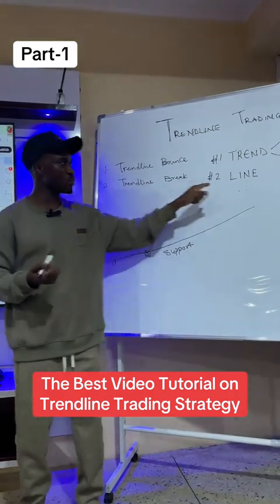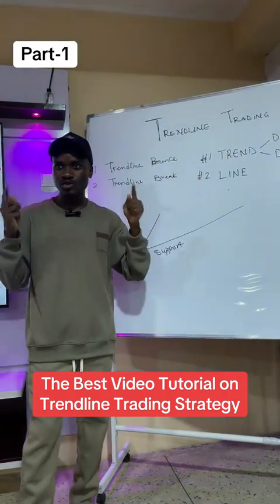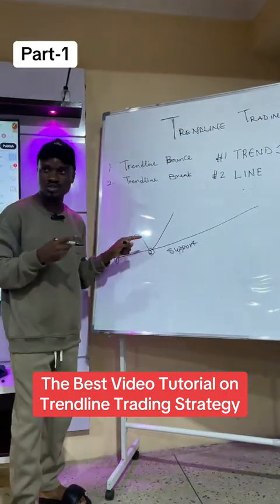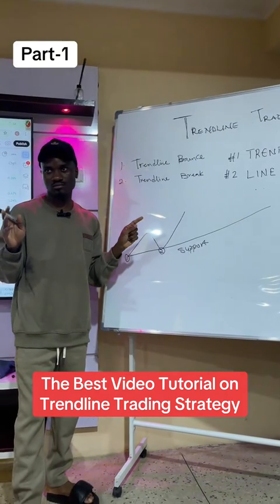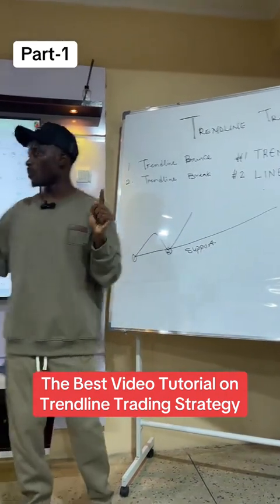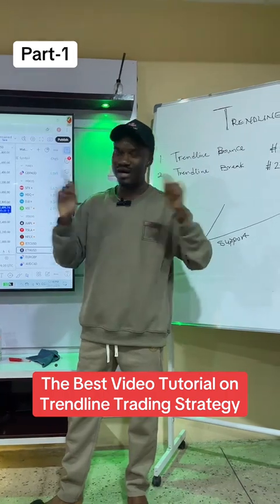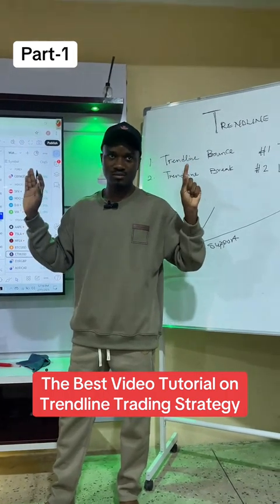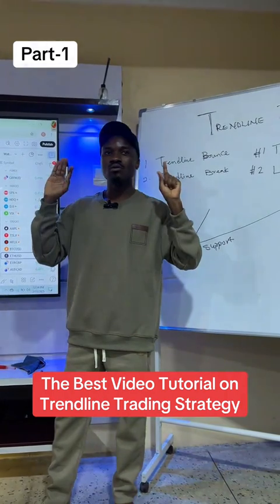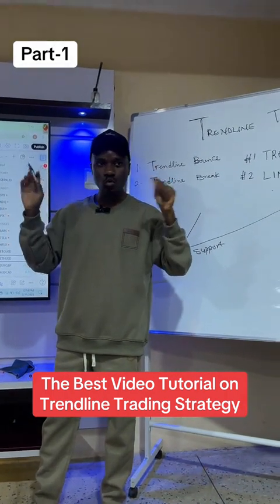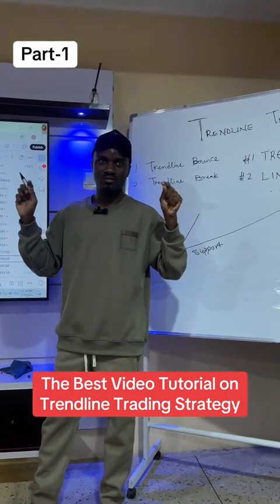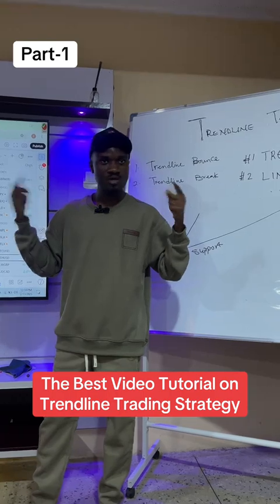If you can understand what a line is all about, you will know the reason why I don't take 2 touches as a trend line. Because if you go to your price chart, it is easy for you to look out for 2 points and connect them together easily. In fact, you can connect thousands of 2 points together on your chart, and they may not give you a trend line.